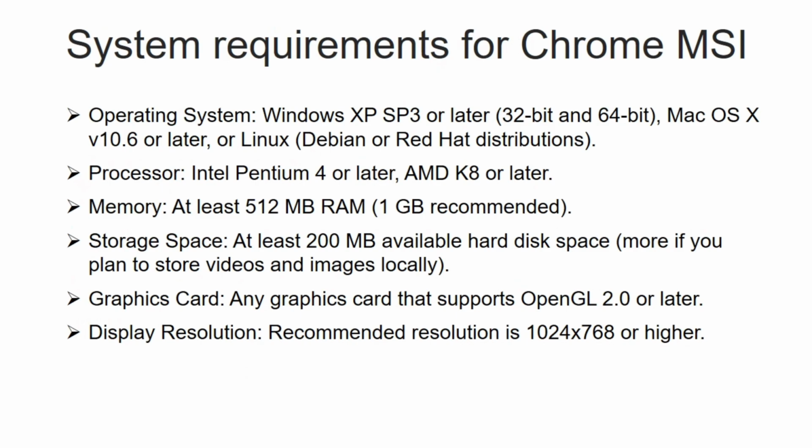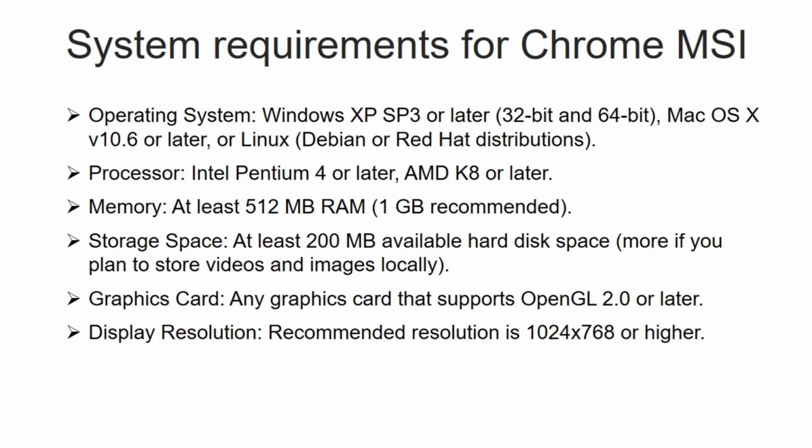System requirements for Chrome MSI. Operating system: Windows XP SP3 or later, 32-bit and 64-bit; Mac OS v10.6 or later; or Linux, Debian or Red Hat distributions. Processor: Intel Pentium 4 or later, AMD K8 or later. Memory: at least 512 MB RAM, 1 GB recommended.